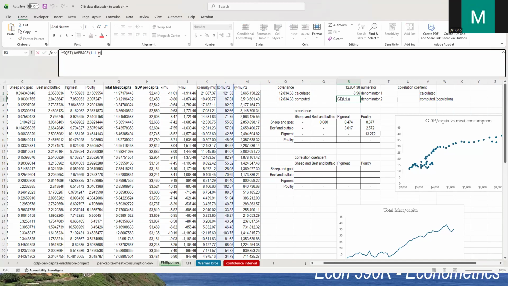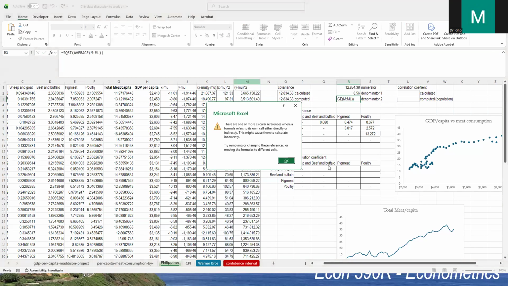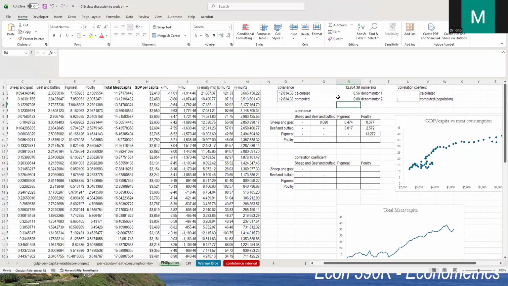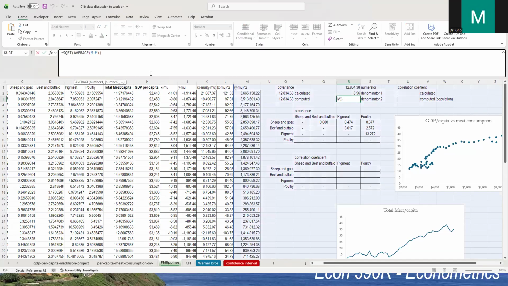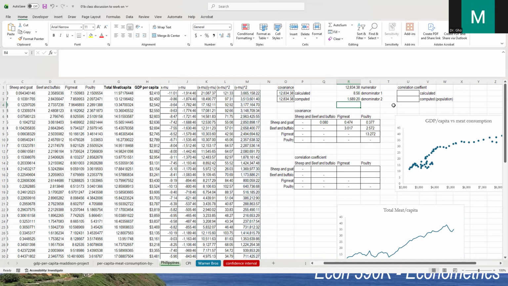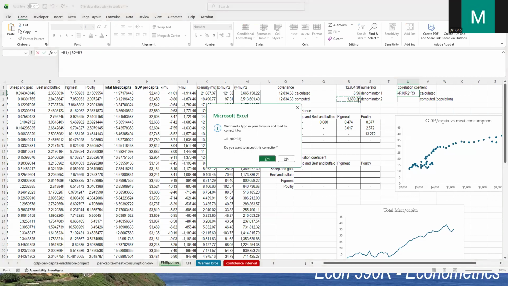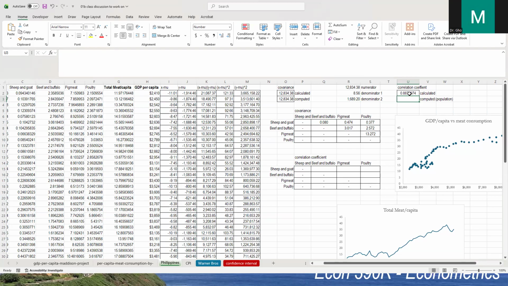And the second one we wanted for M. So when I do the calculation, it's the covariance divided by, and then we want to do both standard deviations, that times that. And that gives us this correlation coefficient.